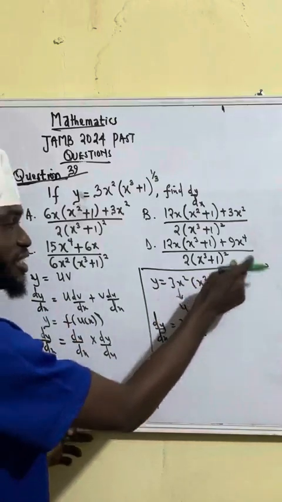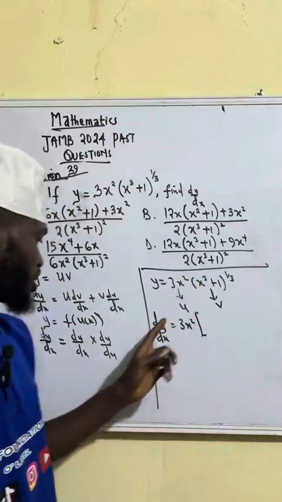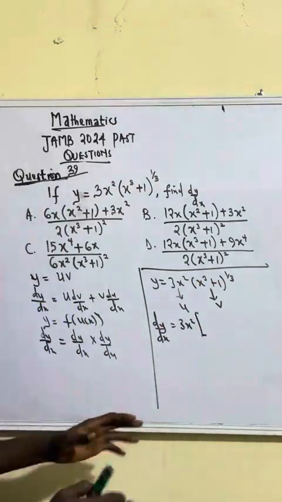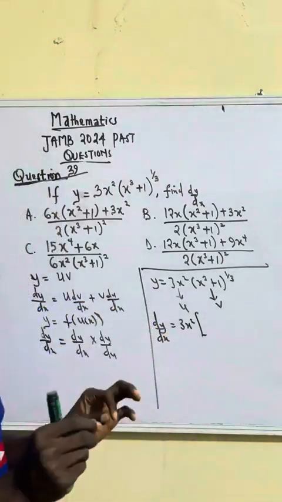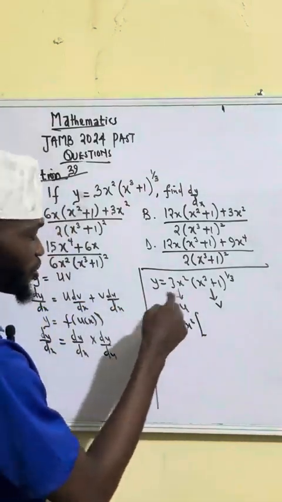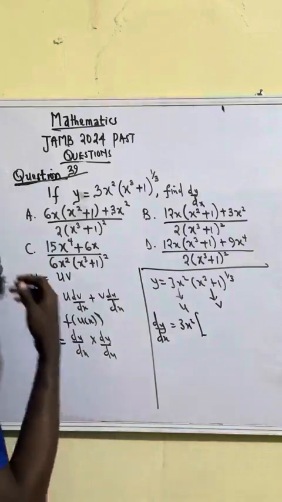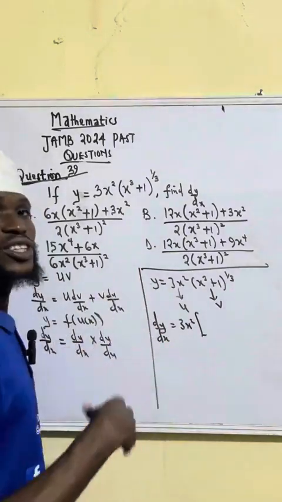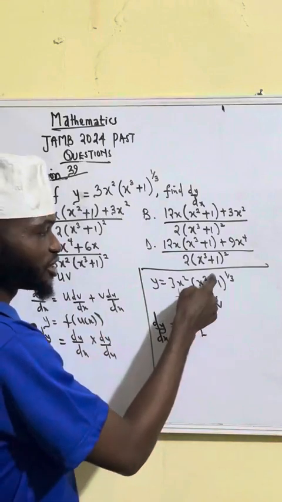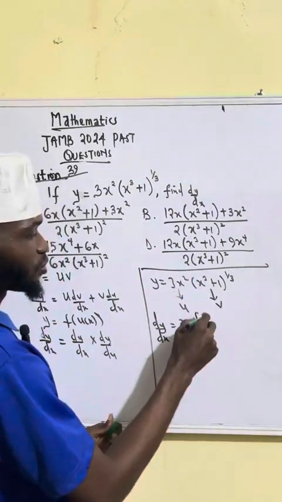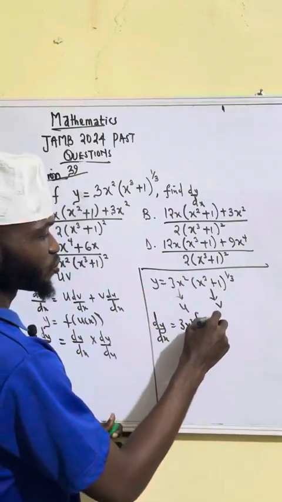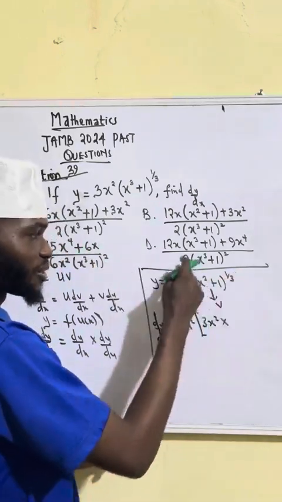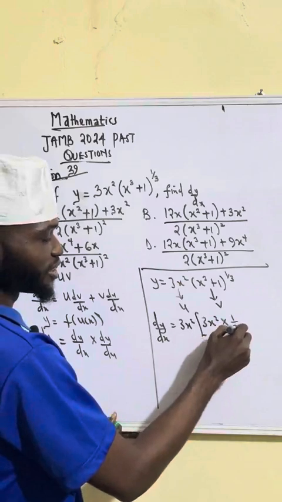Then differentiate v. If you want to differentiate v, you will apply this rule, but it is not easy. What I will do is make it simple, still going with the formula, but with a shortcut. Differentiate what is inside the bracket, so you have 3x squared for the derivative of this. Now, drop the power that we have on top, that is 1 over 3.